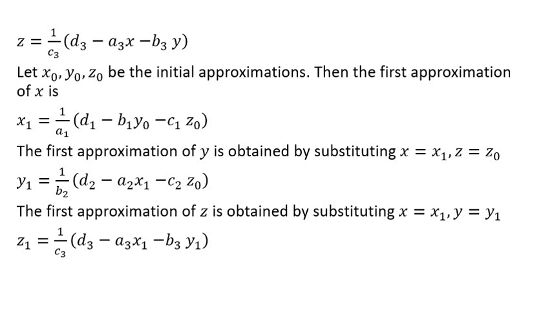Similarly, the first approximations of y and z are obtained by substituting x equals x1 and z equals z naught in the second equation, and x equals x1 and y equals y1 in the third equation. So we get the first approximations x1, y1, z1.